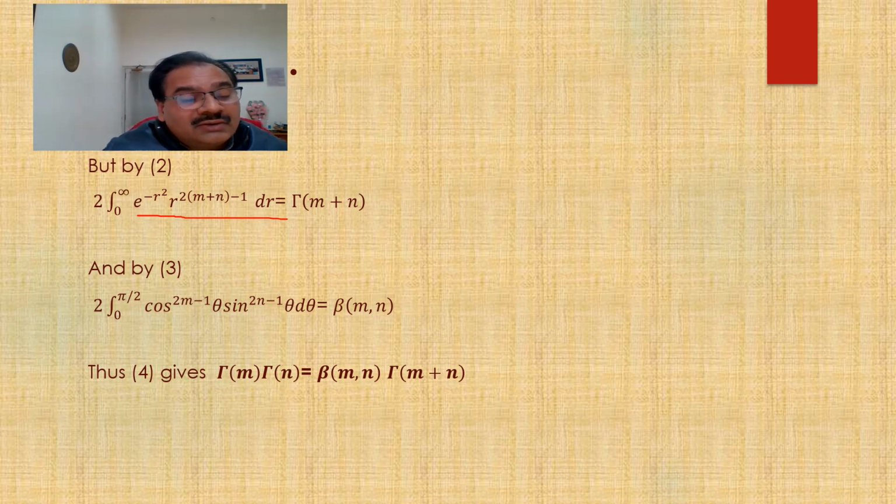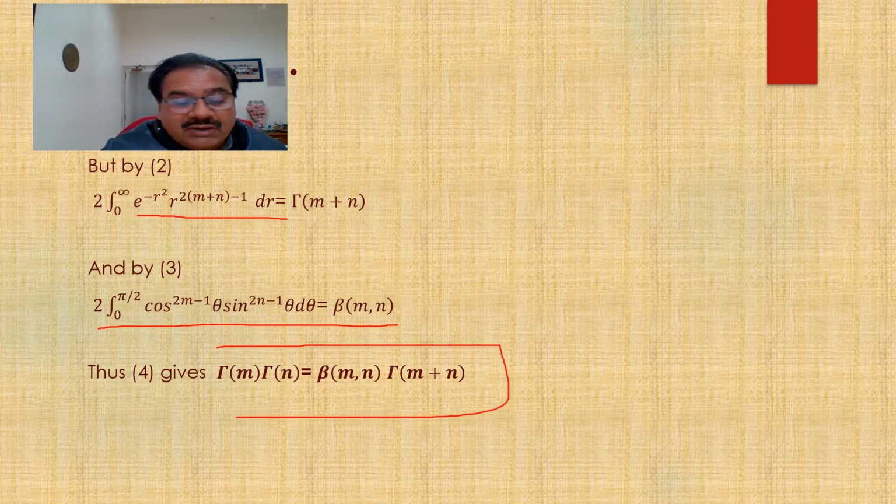Now, by using the previous equation 3, and by combining these two results, you can write gamma m into gamma n is equal to beta mn times gamma m plus n. In this way, you have established the result that beta mn may also be defined in terms of the gamma function.